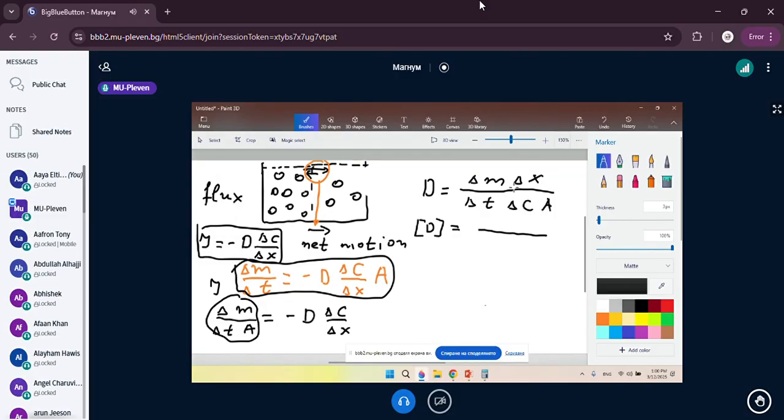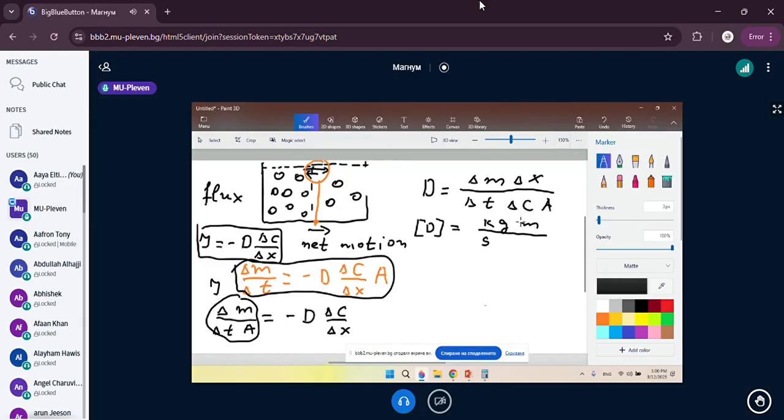So mass is measured in kilograms. Distance is measured in meters. Time is measured in seconds. We usually use the base SI system of measure.